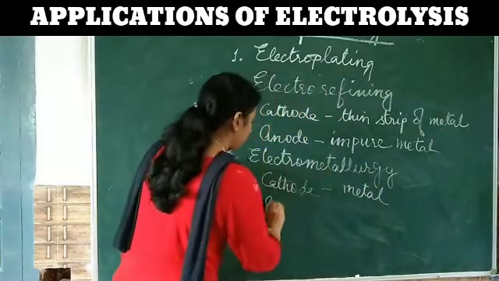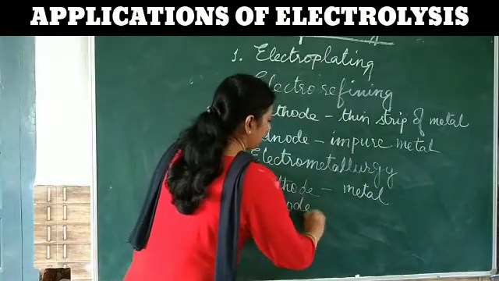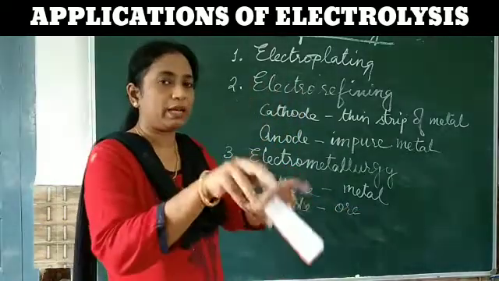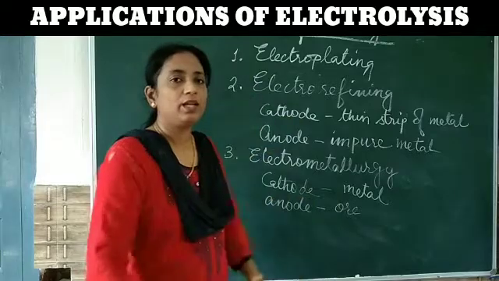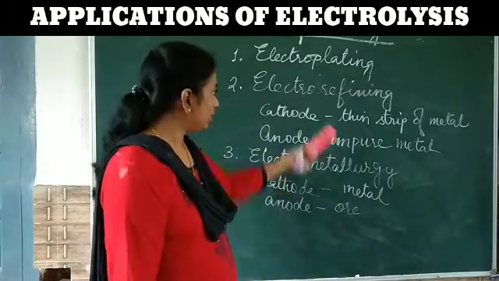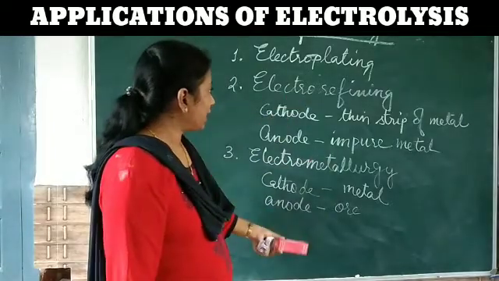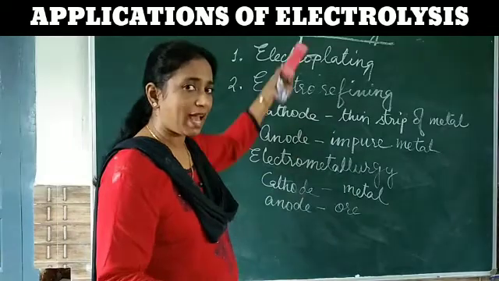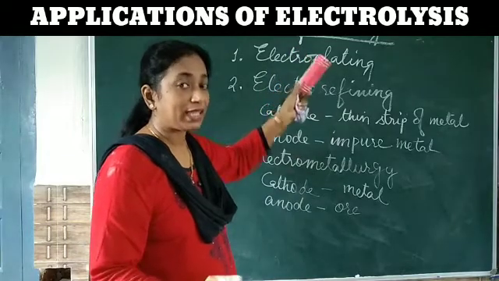And what will be the anode? The anode will be the metal ore. From the ore, the metal will go on getting deposited on the cathode. So these two, electro refining and electrometallurgy, have the same principle as electroplating, and that is the active anode principle.